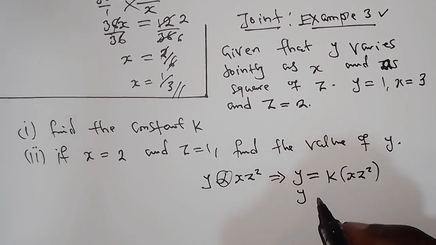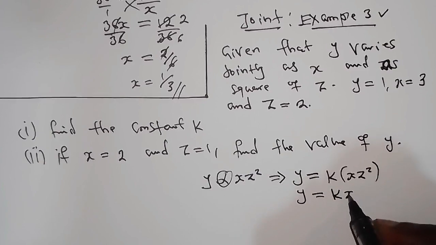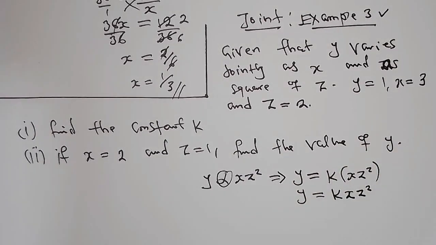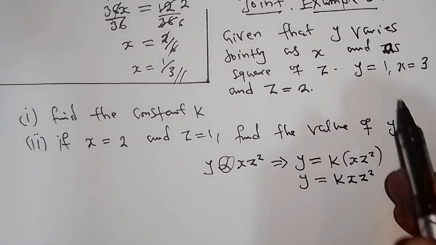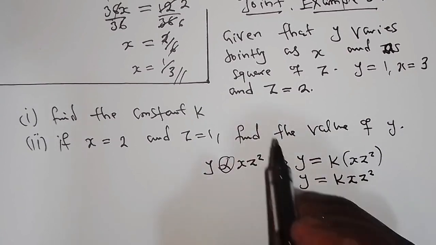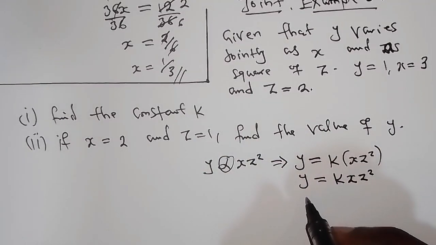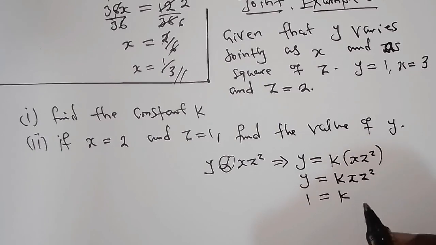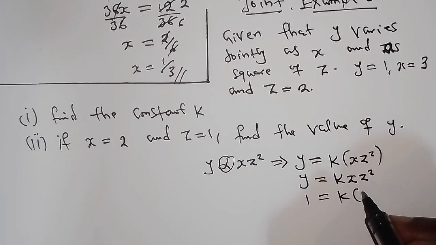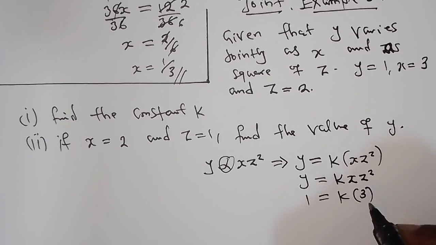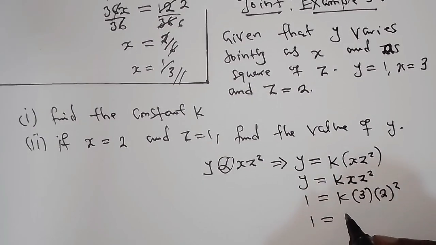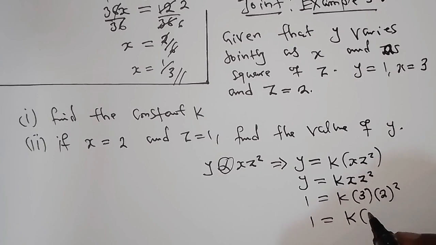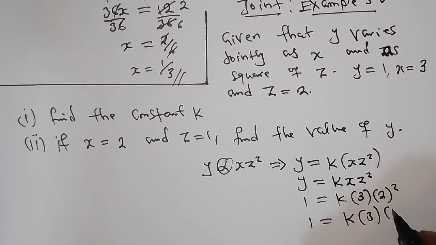Now we know that y is 1, x is 3, and z is 2. So 1 equals k, open the bracket, 3 times 2 squared, which is just k times 3 times 4.